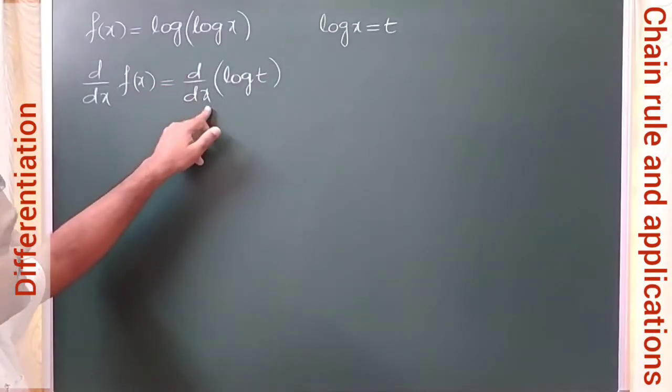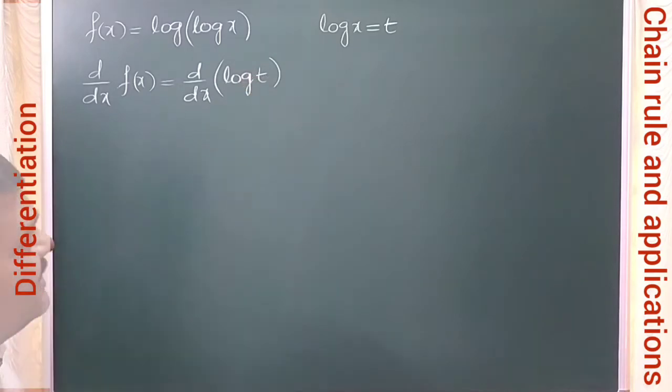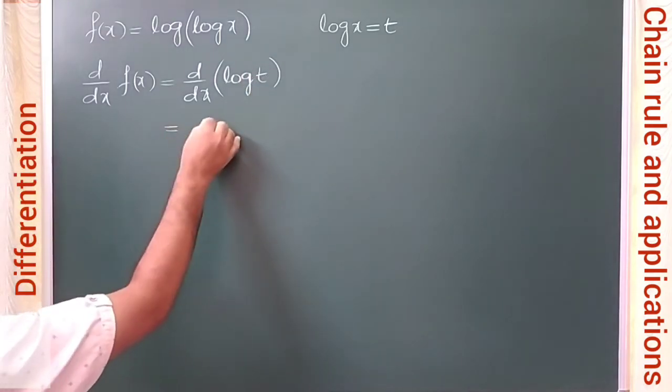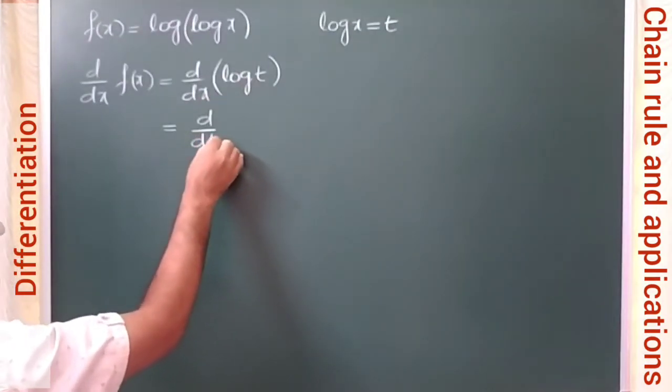Now d by dx means derivative with respect to x, but the variable is t, so you can't do this directly. Let us modify this, as the variable is t, so I am writing d by dt.